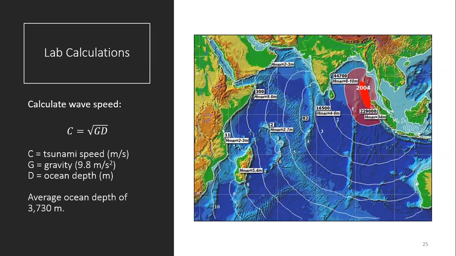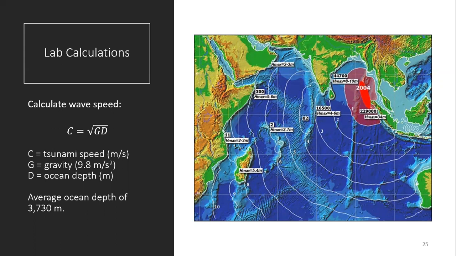Your lab calculations. Next, we will focus on your lab assignment calculations. You will begin by estimating the average tsunami speed by using the following formula. C equals the square root of G times D, where C, or celerity, is the tsunami speed measured in meters per second, G is gravity of 9.8 meters per second squared, and D is ocean depth measured in meters.